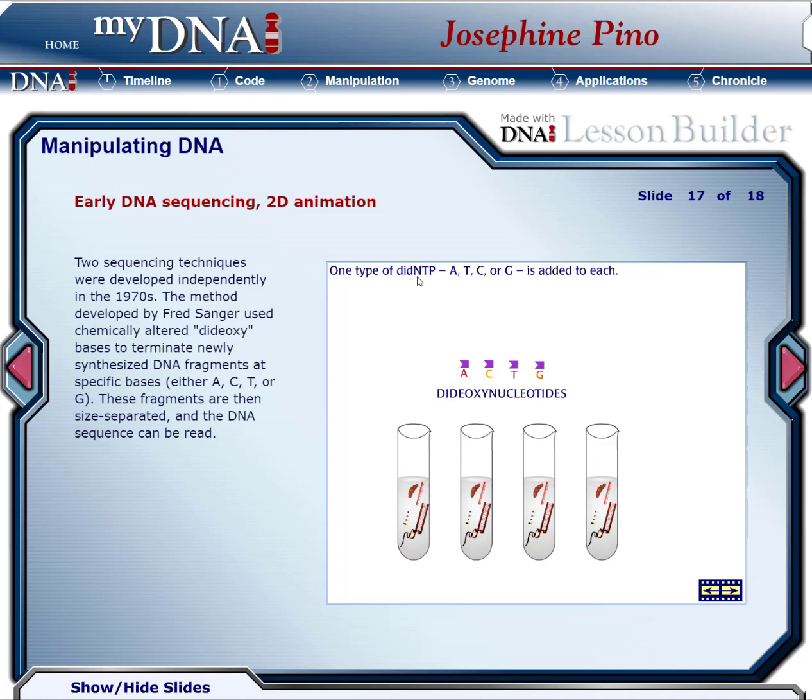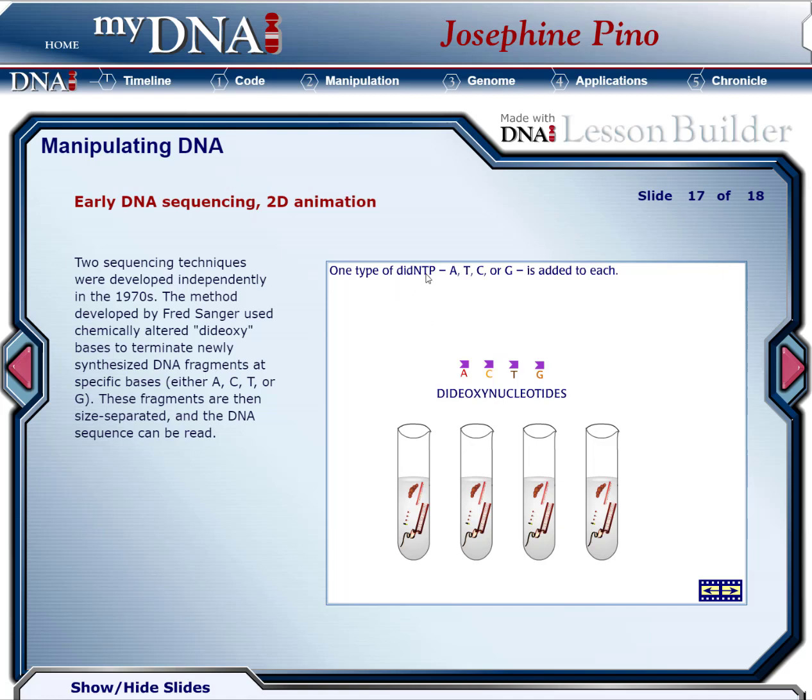One type of ddNTP, A, T, C, or G, is added to each. Oh, okay. The dideoxynucleotides.